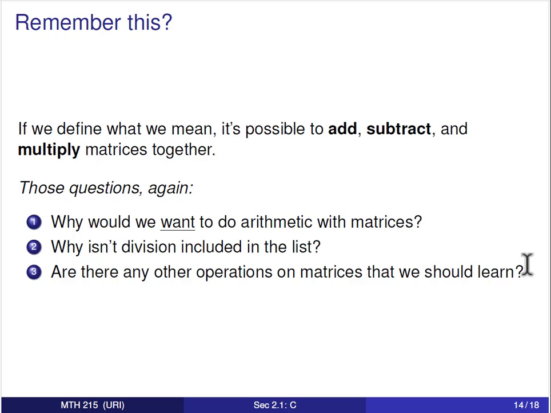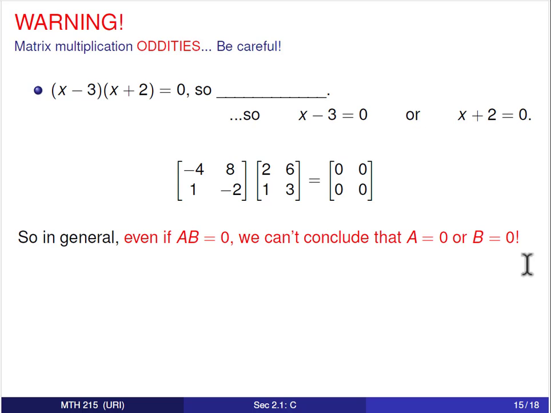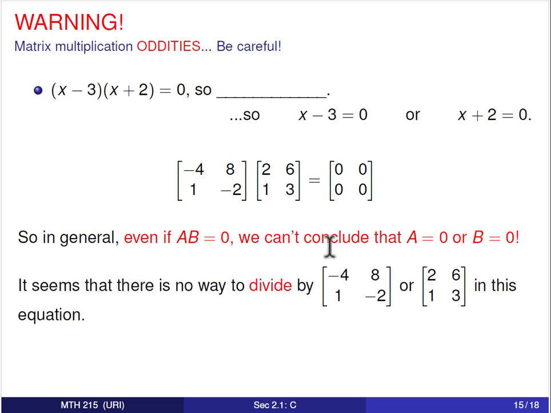So this gives us another reason why division should not be in our list of allowed operations by default. If we could divide by either one of these matrices, we could maybe divide it away and get the 0 matrix divided by the matrix.